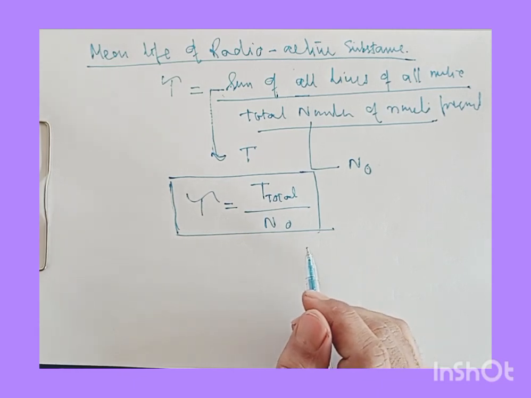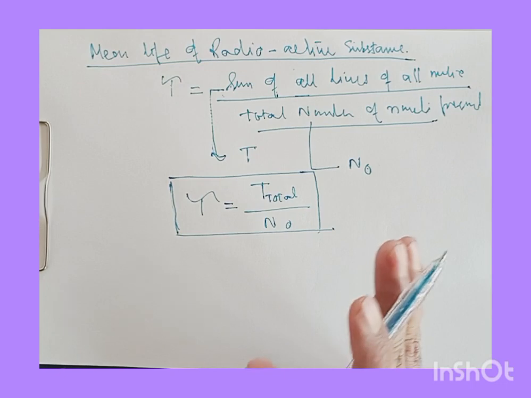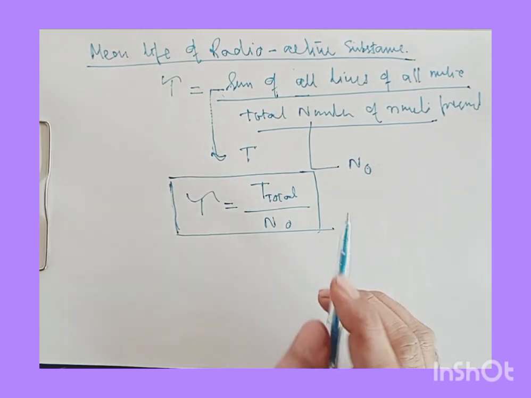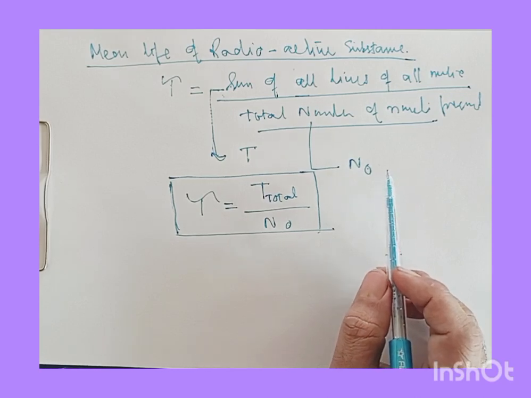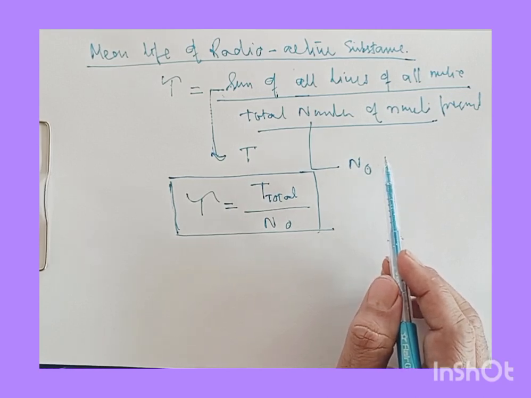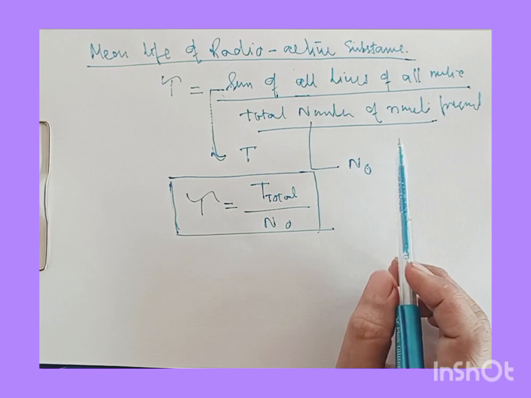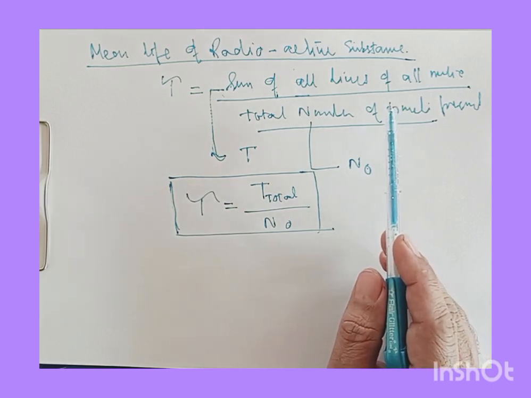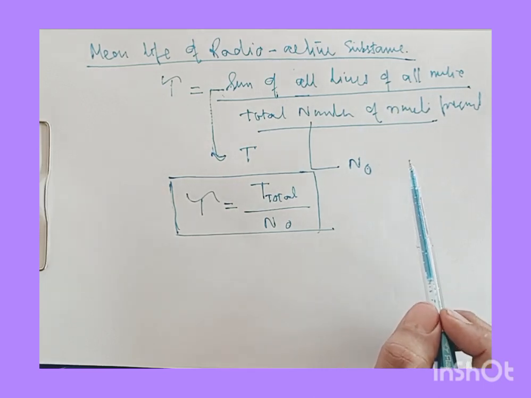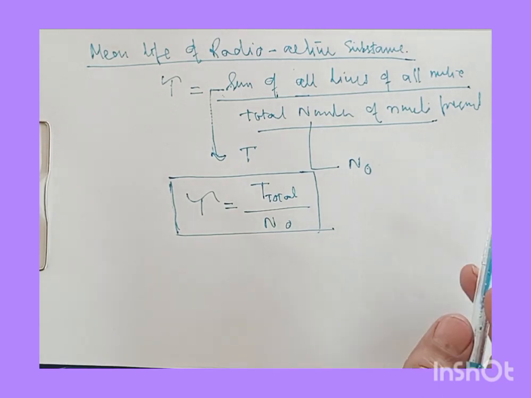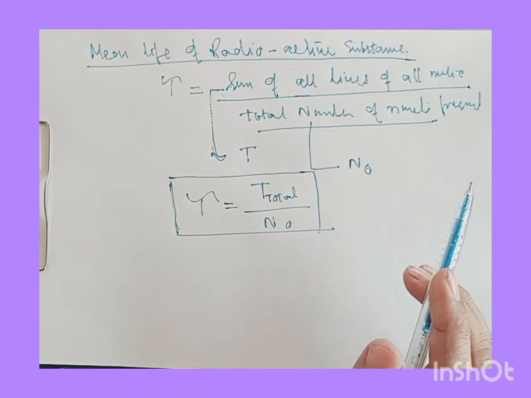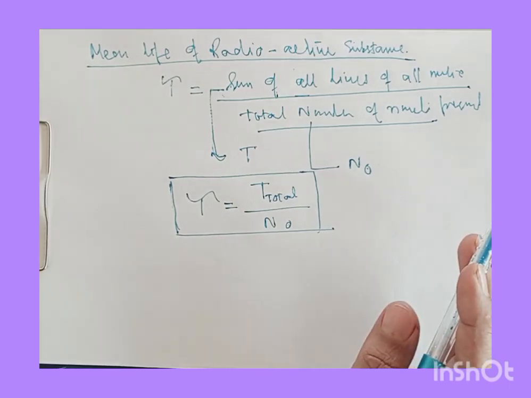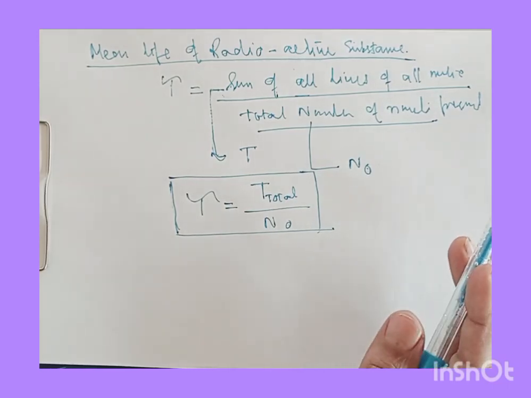A radioactive substance certainly takes infinite time to disintegrate completely. It disintegrates continuously until all the nuclei of the substance disintegrate into their daughter nuclei. This shows us that every nucleus has a different lifespan.